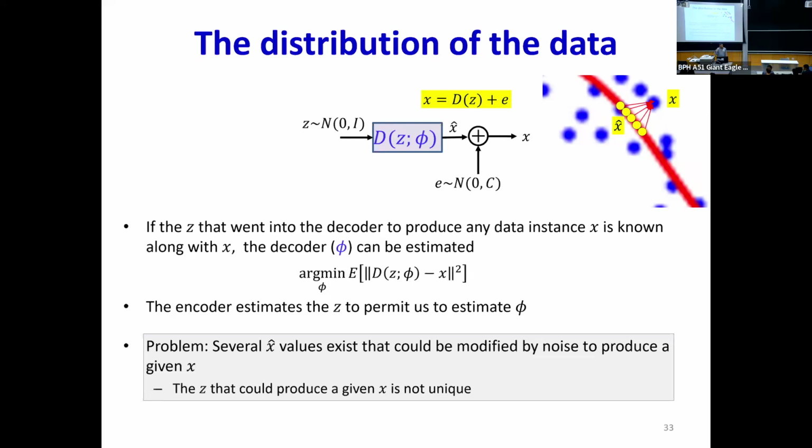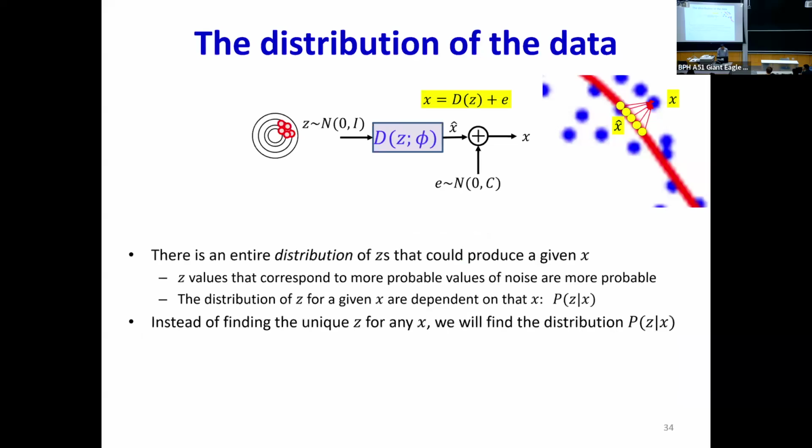So for any given x, because of the noise E, the z's that could have generated this x cannot be uniquely identified. In fact, there's an entire distribution of z's.